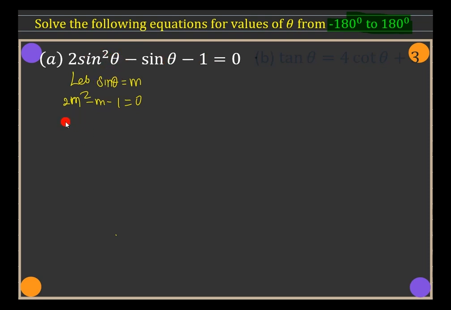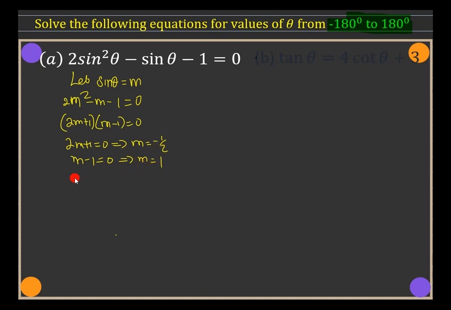This one is going to factorize to 2m plus 1 into m minus 1 equal to 0. And this means that 2m plus 1 equal to 0, implying that m is equal to negative 1 over 2, or we have that m minus 1 equal to 0, implying that m is equal to 1.